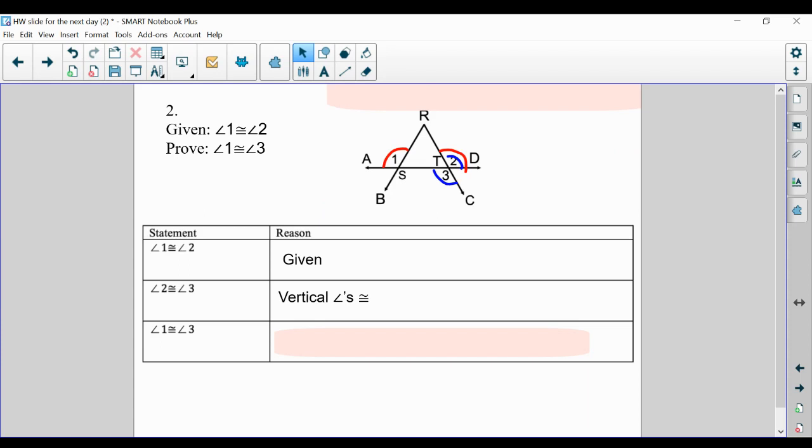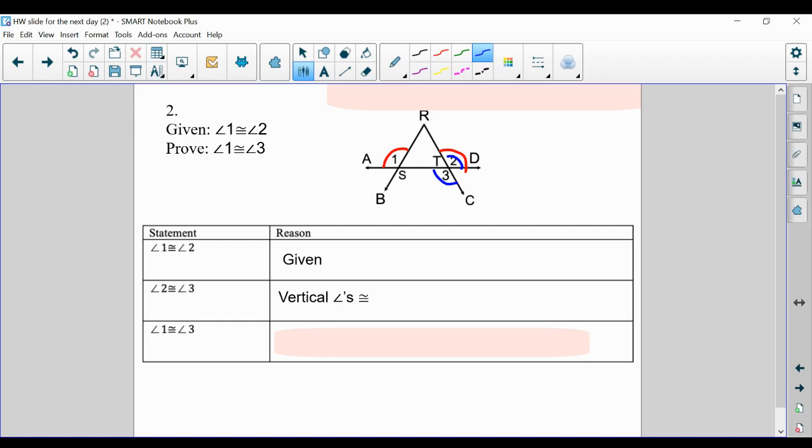That's it. And then last, angle 1 is congruent with angle 3. So looking at this one here, angle 1 equal to angle 2, angle 2 is equal to angle 3, and then angle 1 is equal to angle 3. There you can use two different properties. We talk about angle 1 to angle 2, 2 to 3, so 1 to 3.